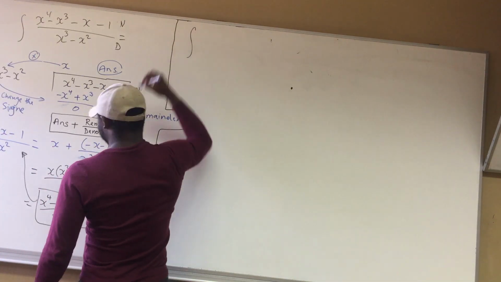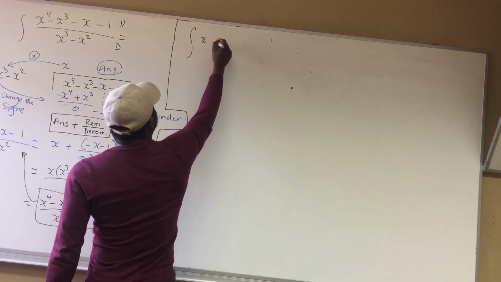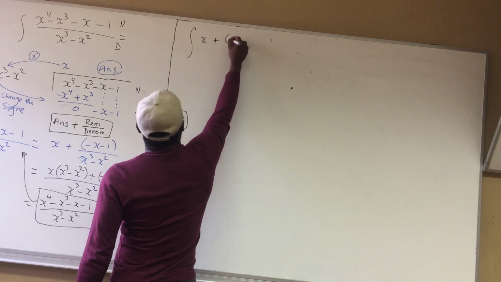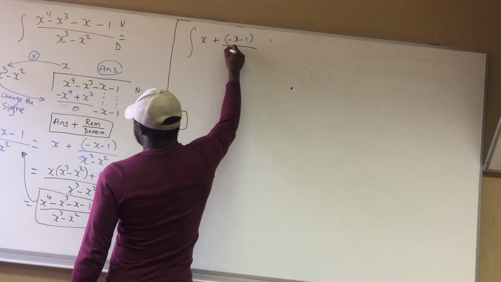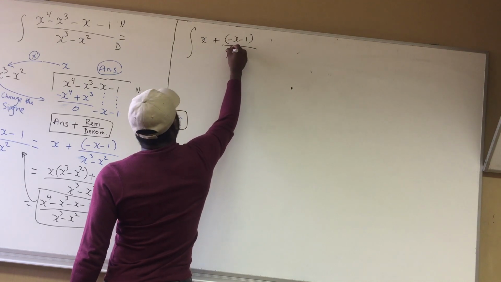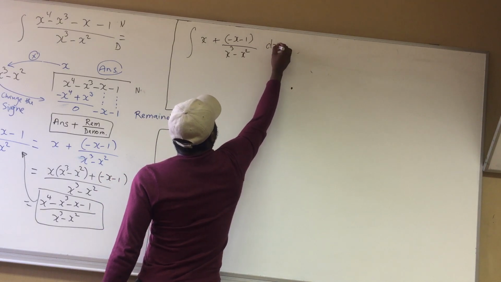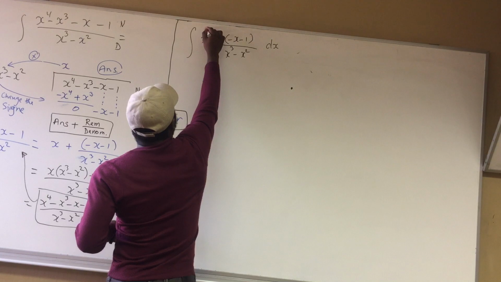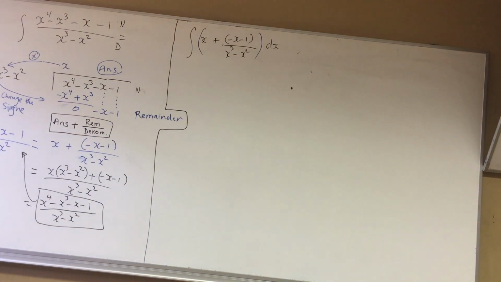So I have the integral of x, I want to write it like this, and then dx. Alright? So what's the next step from here?